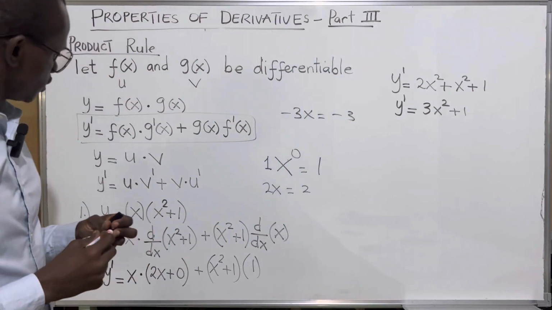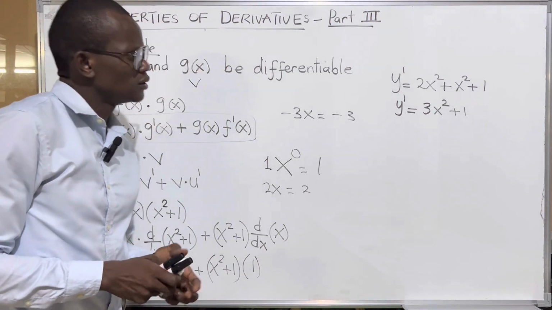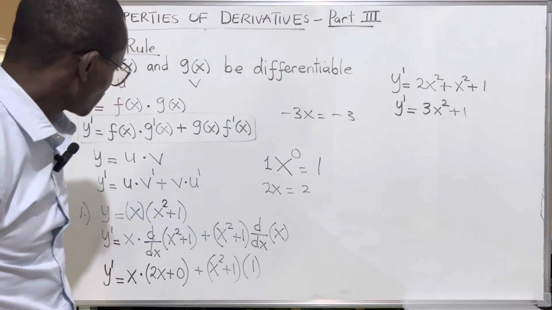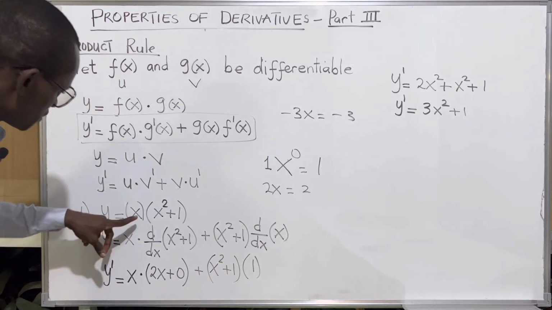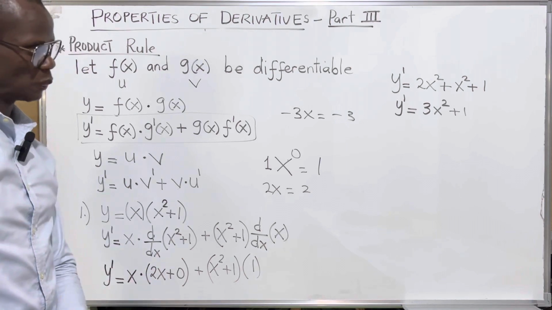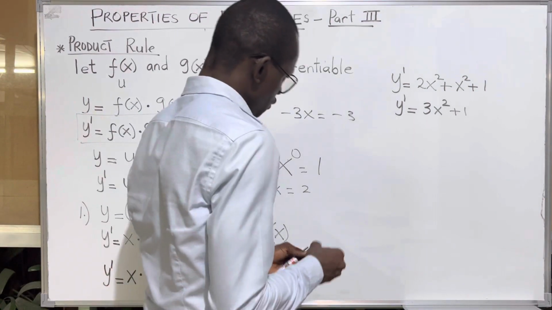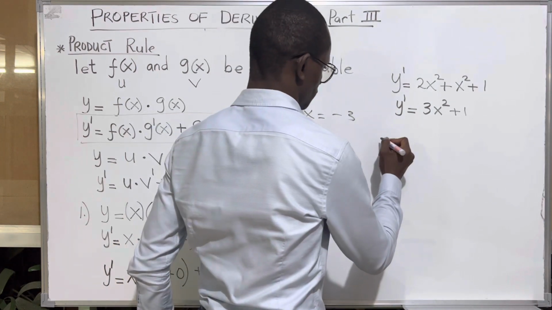Now, someone is saying to themselves, but why is it that I could not just multiply x by x squared and x by 1? What if your teacher gave you this problem?